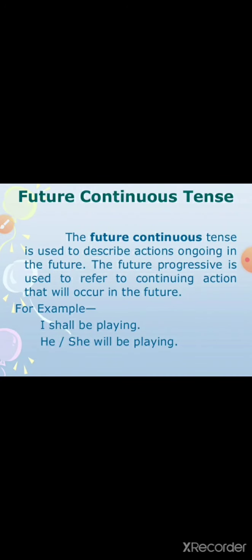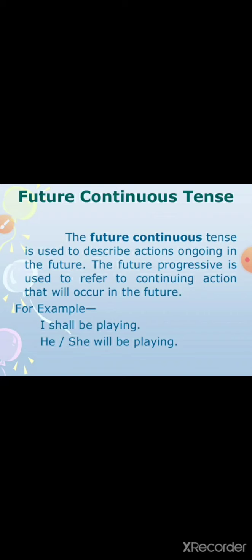Next comes future continuous tense. What is future continuous tense? A tense that is used to describe actions ongoing in the future. The future progressive is used to refer to continuing action that will occur in the future.